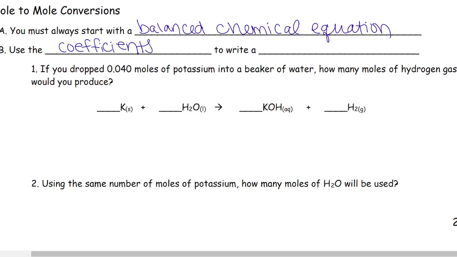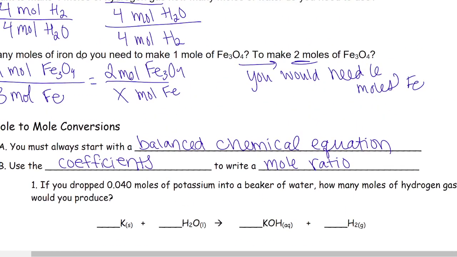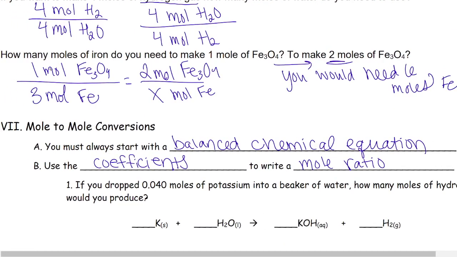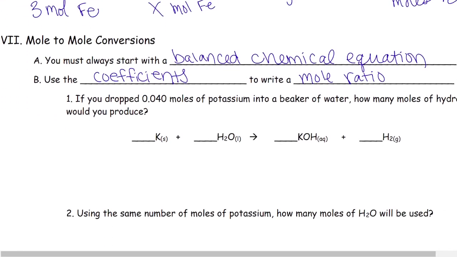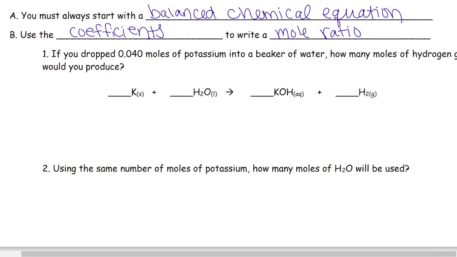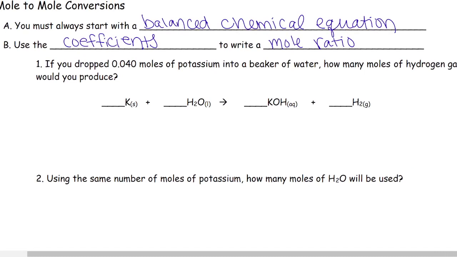And you're going to compare whatever it is that you started with, whatever your given information is talking about, to whatever the question is asking for. So you're going to use the coefficients to write a mole ratio. So above this, the question would ask us about one substance, but give us information about another substance. We use the mole ratio to get the information that we want about the substance that we want.